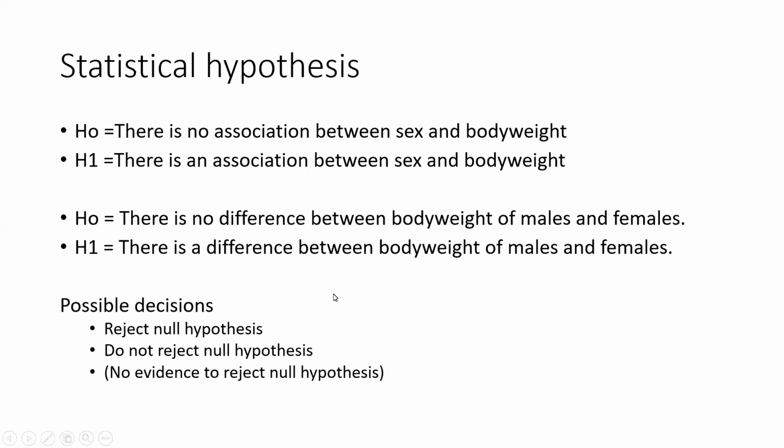When we are doing a study, there are usually two conclusions we can come to. One conclusion is we reject the null hypothesis. That means we reject this statement of there's no association between sex and body weight. Rejecting the null hypothesis means there is an association between sex and body weight.